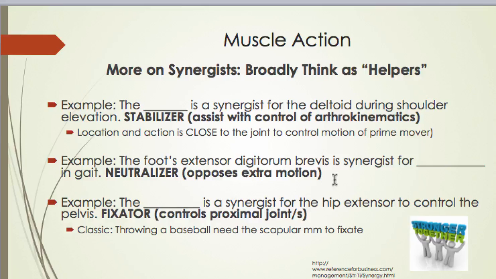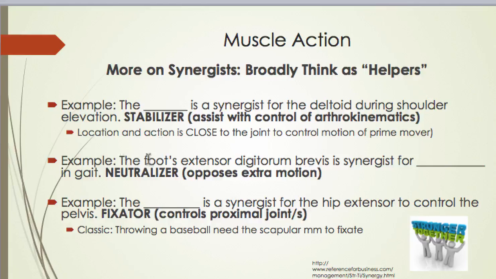So therefore, when we extend the hip, unless we want to turn the foot out and look crazy, we need a neutralizing muscle to oppose the external rotation so we get a pure hip extension movement, right? As I extend the hip, it wants to externally rotate because that's what the gluteus maximus does. We need to use an internal rotator muscle to keep the gluteus maximus from externally rotating at the hip. So those are neutralizers.